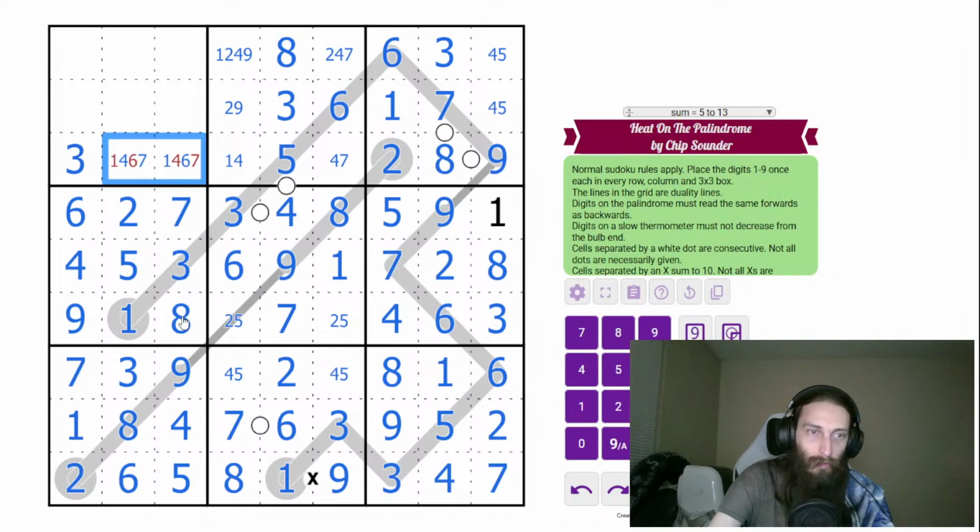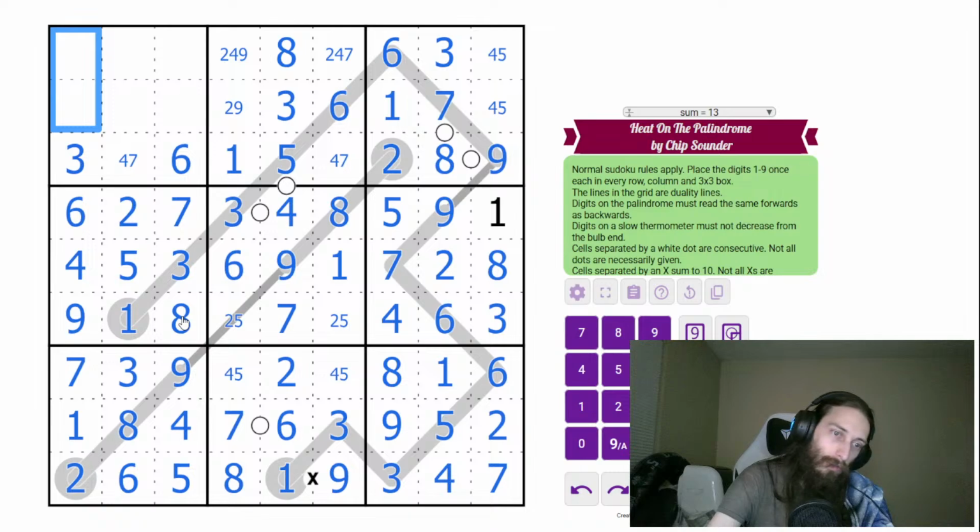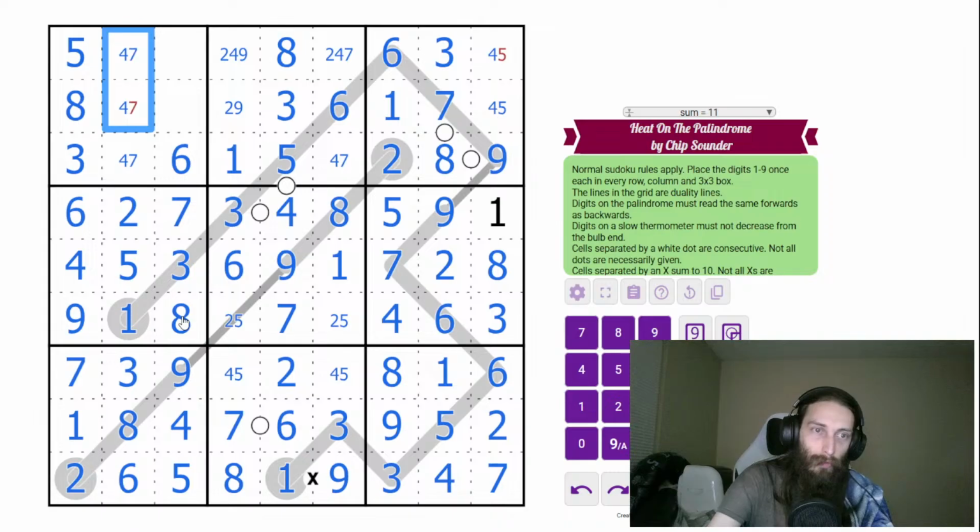6 is left over. And since 6 has to be one of these two, this one's the 6, that can't be a 1. 7 here. Right, so that's 1, that's not. These two, 1, 2, 3, 4, 5, 6, 7, 8. There's already an 8 in the top row, 4, 7, and 9. 7's gone here.